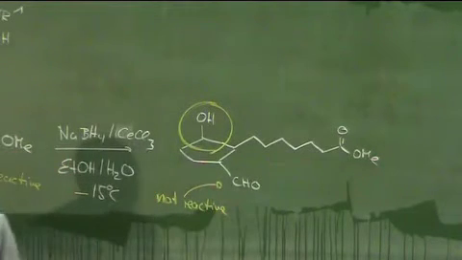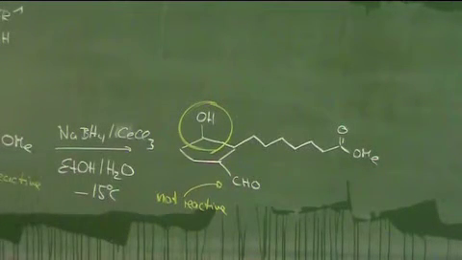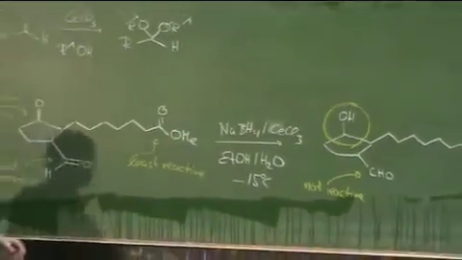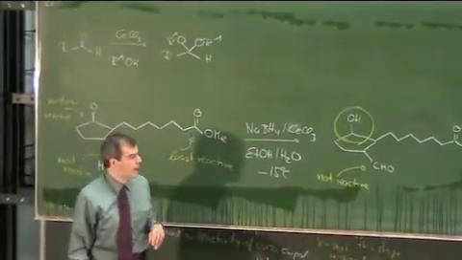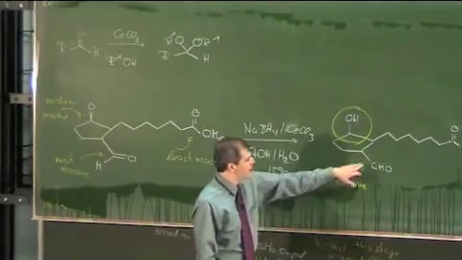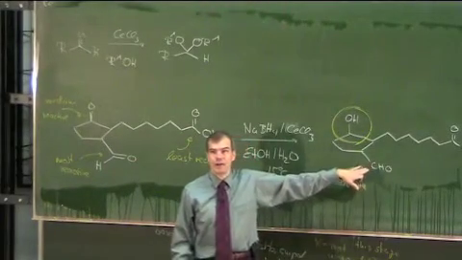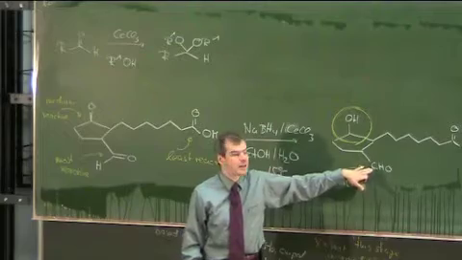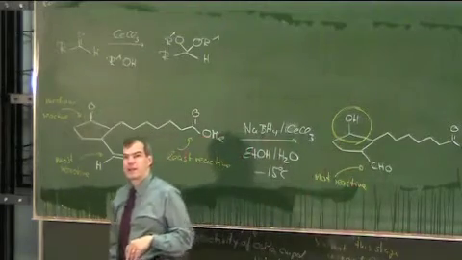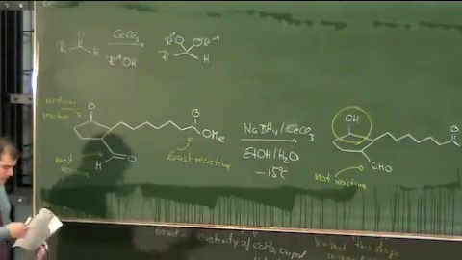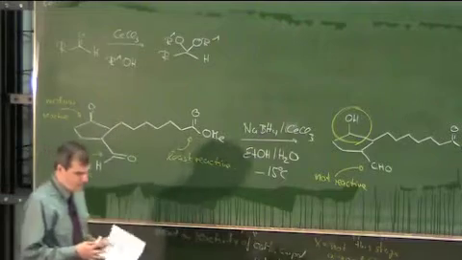So I think this is a pretty amazing case that you even, so far we always say we go from the more reactive to the less reactive, and then we might be able to stop reactions here or no. Here we have a case where we can actually tolerate a more reactive functionality and get selectively the less reactive functionality to work.